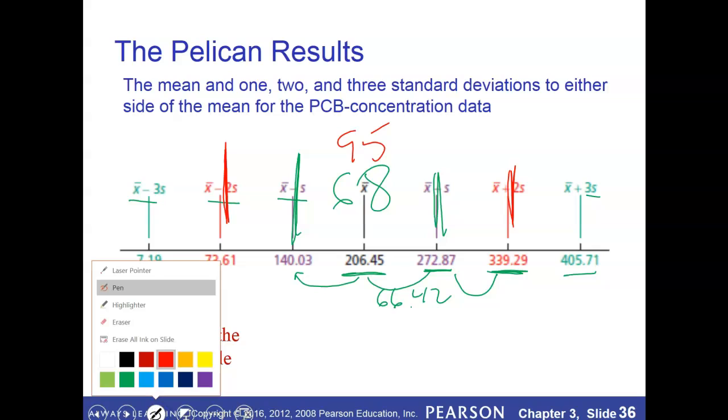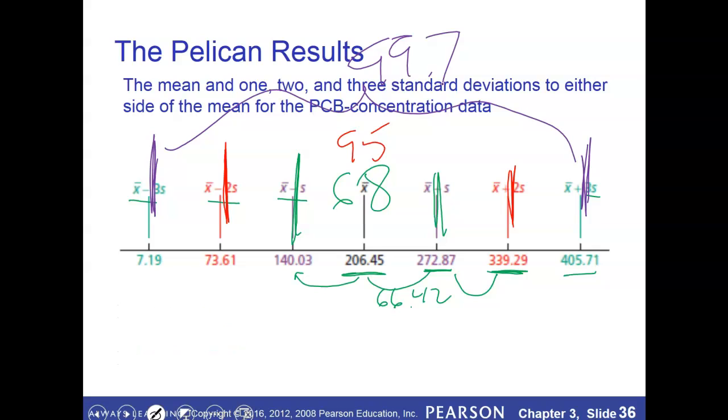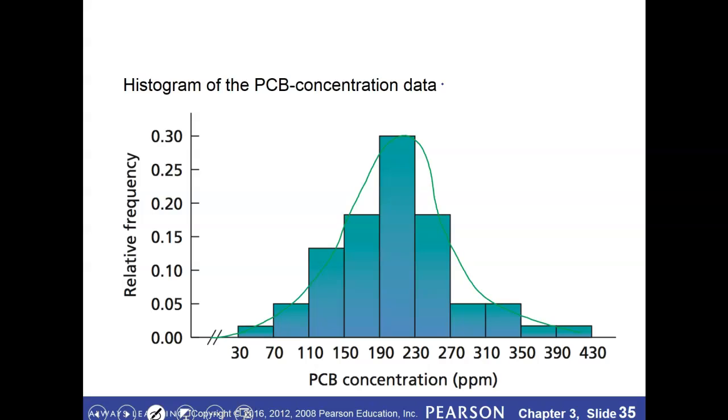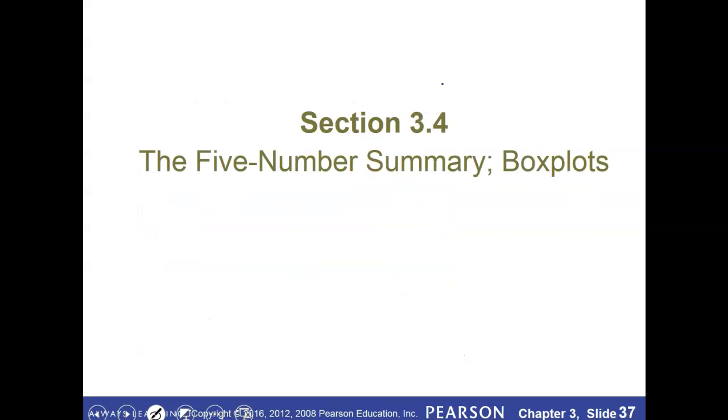And then finally, between 7.19 and 405.71, 99.7% of the data would fall between those two values. All of this is using the empirical rule. And again, the reason we use the empirical rule here is because the data was bell-shaped, or at least close to being bell-shaped. All right, that is 3.3.